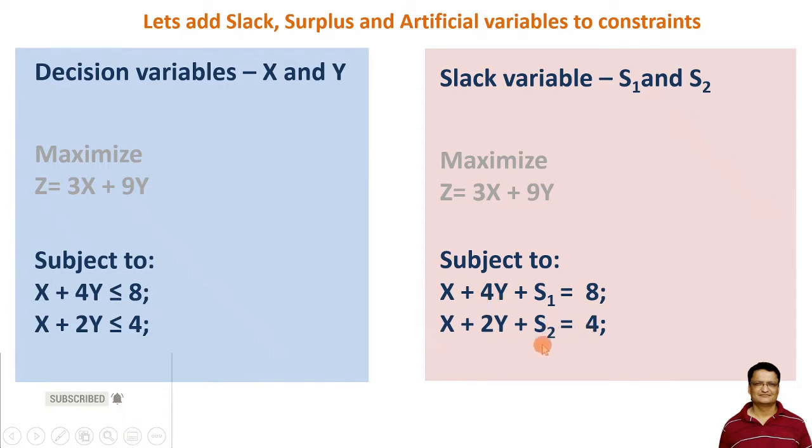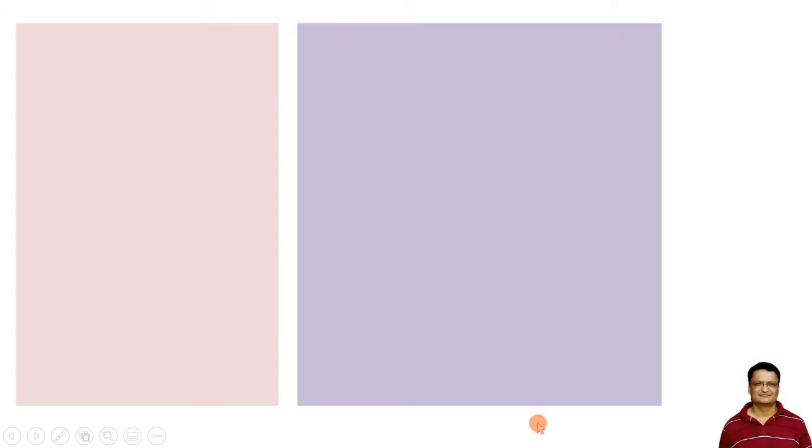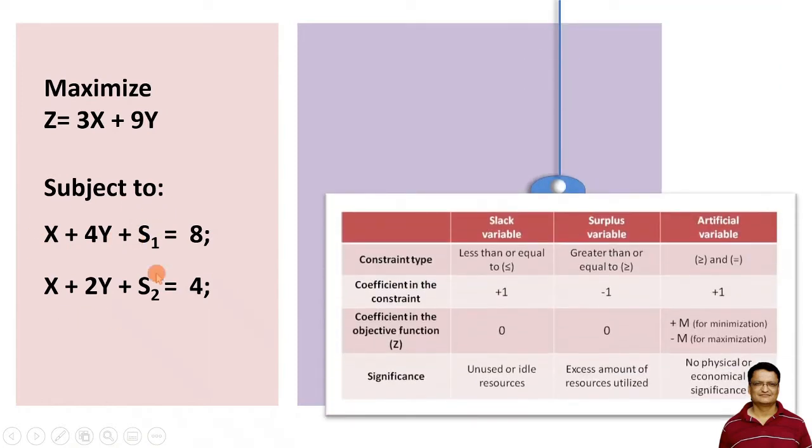So we have removed the inequalities from the constraints, and now we need to update the objective function and constraints so that we will get the standard form. Now these are the two things, that is the objective function and these are the constraints having equal sign. We have to take it as an input, and now you have to look at this table.